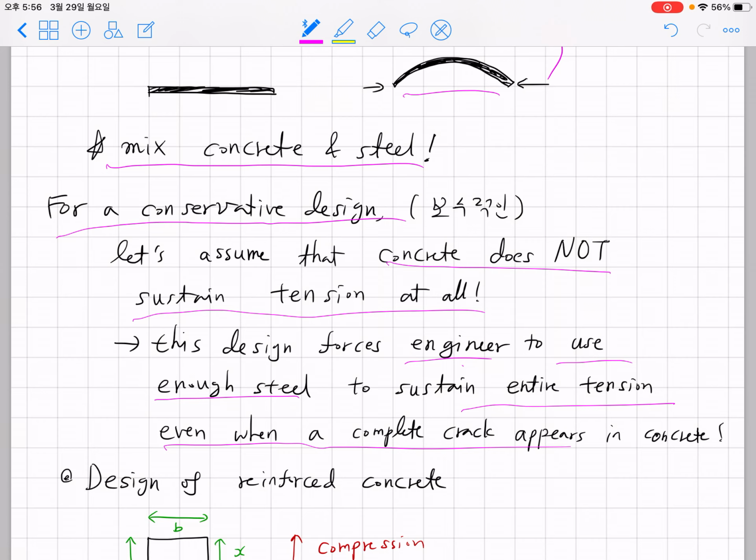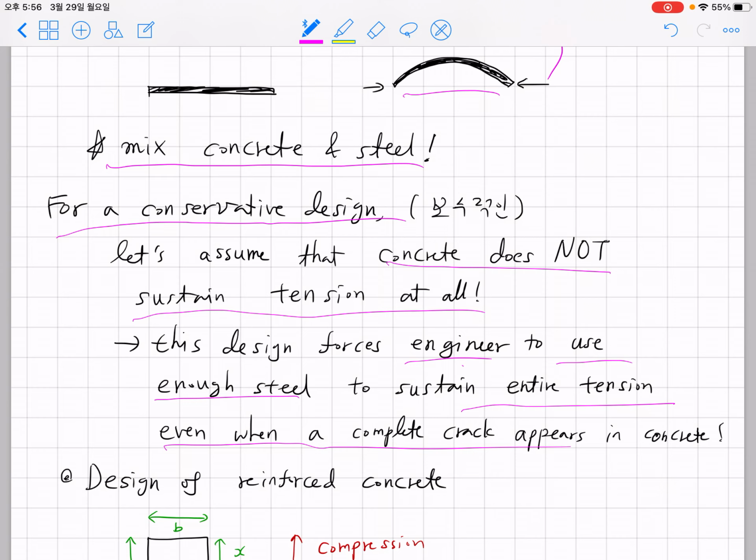When you look at a 30-year-old apartment or 20-year-old business buildings in downtown Korea, you might see some cracks in the concrete. But even though you see cracking there, you don't need to worry about the safety of the structure, because even with cracks, the compressive part will still work fine for concrete buildings.